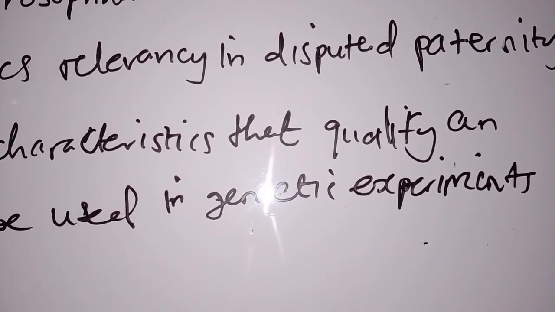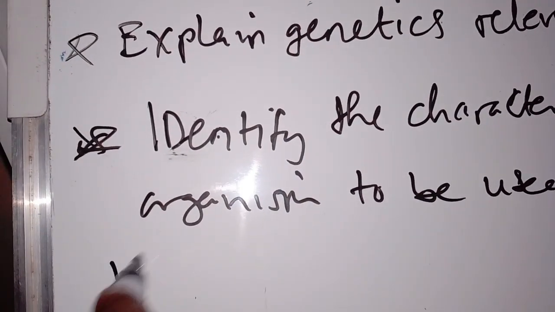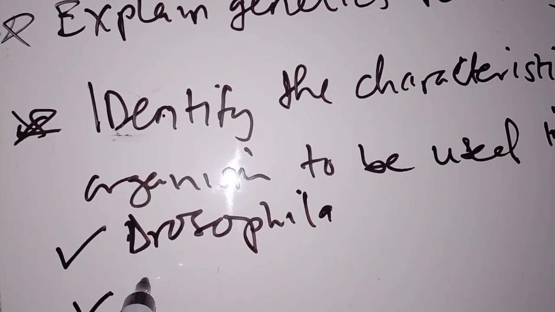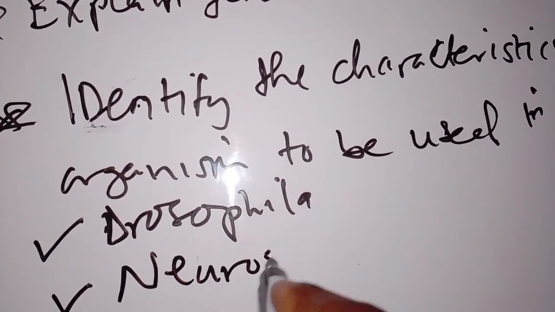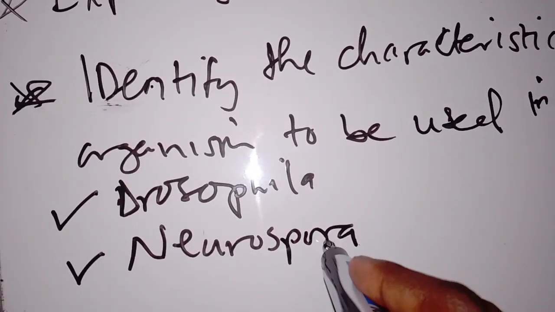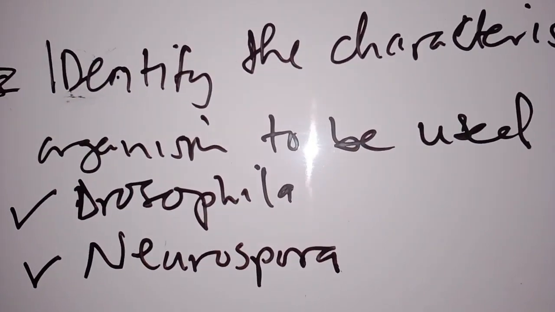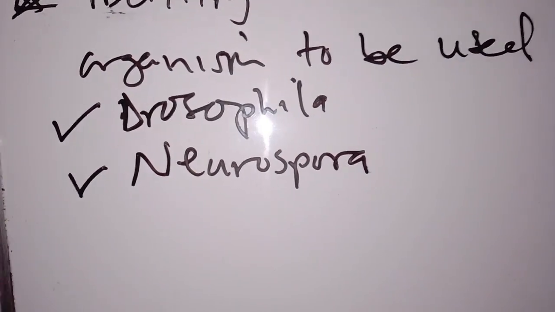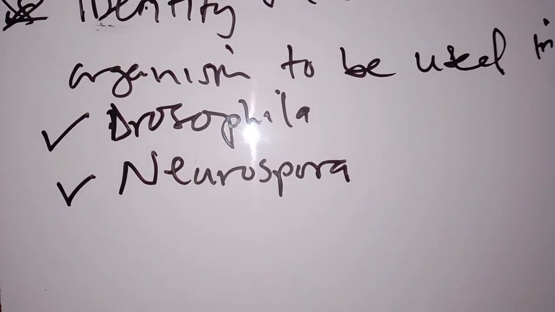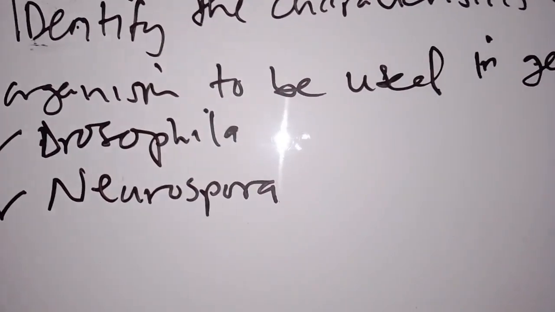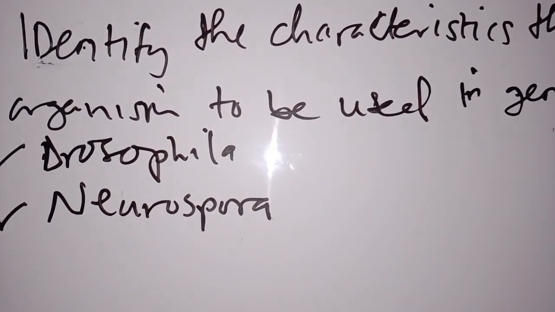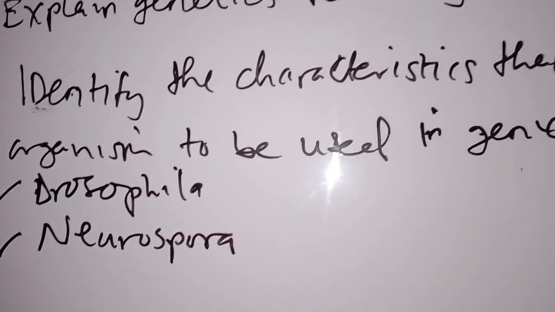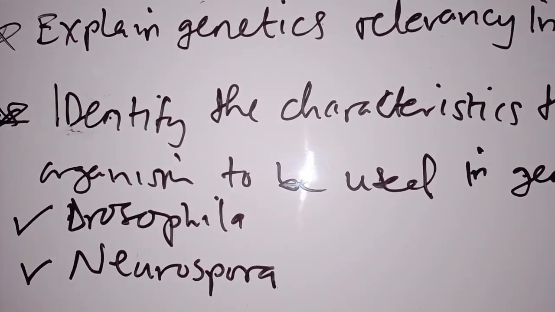For example, Drosophila, as we mentioned earlier. The other one is Neurospora. These are the two tiny organisms that they use, and I've said one of the reasons. They don't take up much space, their life cycle is also not complicated, and they bear a lot of offspring. So that's how it is. So let's look at some of the things that we have talked about in detail.